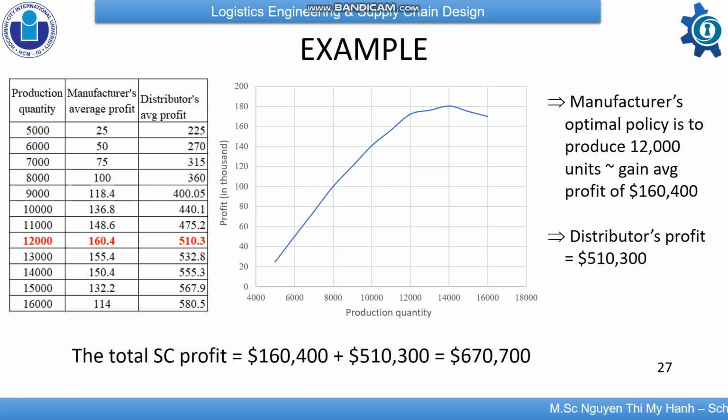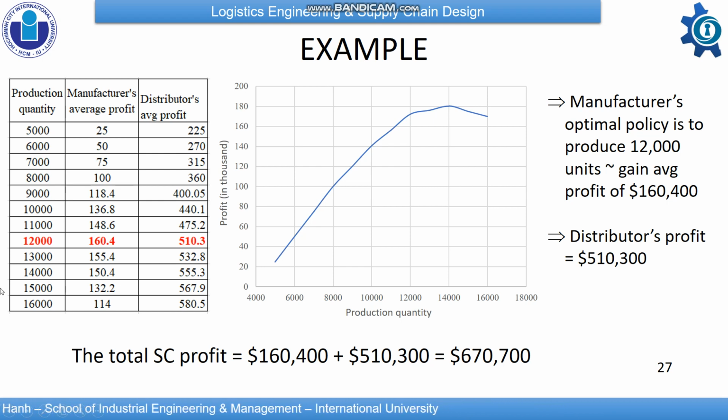So we can conclude that the manufacturer's optimal policy is to produce 12,000 units and win the profit of $160,400, and the distributor's profit will be $510,300.